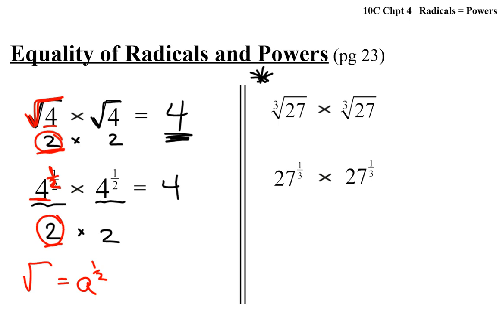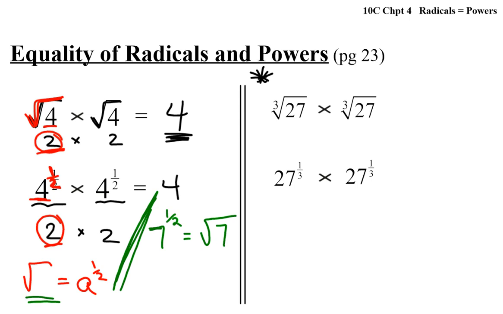Let's try another quick one here with the squares. Let's pick a number that we know is not going to work nicely necessarily. If we did 7 to the 1/2, we're saying that the square root of 7 should be the same as 7 to the 1/2.